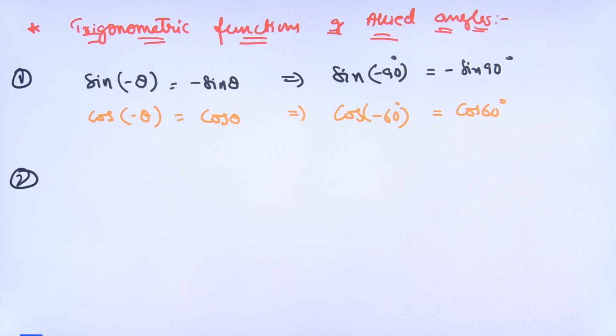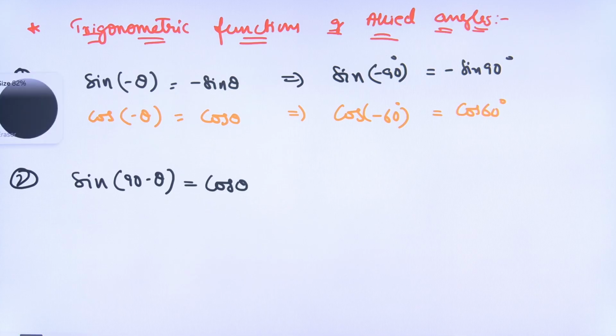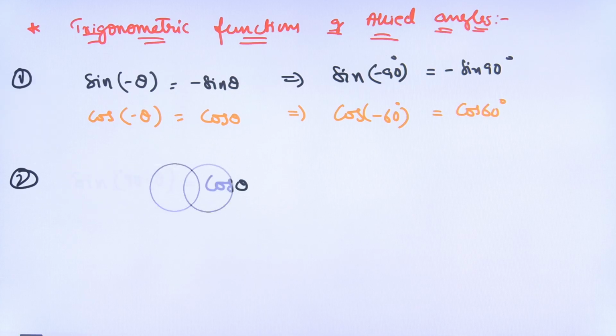Second one, suppose we get sine 90 minus theta, then we should write cos theta. Students, before I go on, I'd like to tell you one thing.